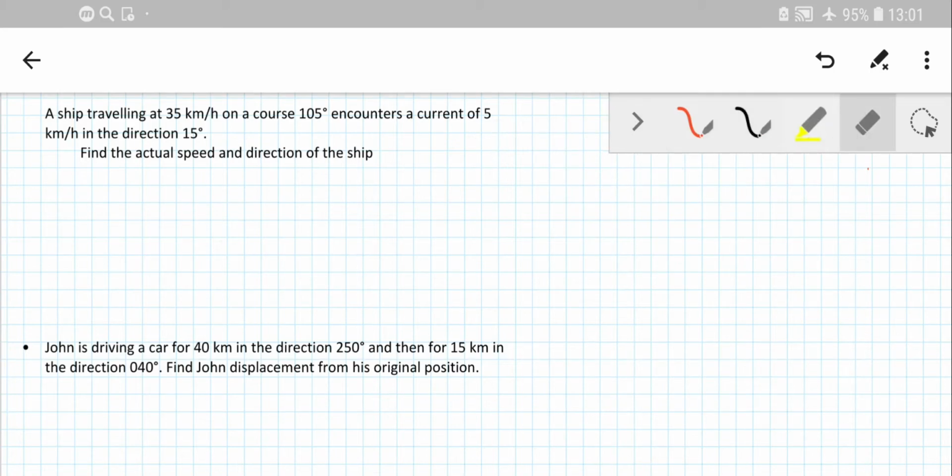Let me remind you, a bearing is simply the angle measured for a vector of motion. It might be displacement, it might be velocity.